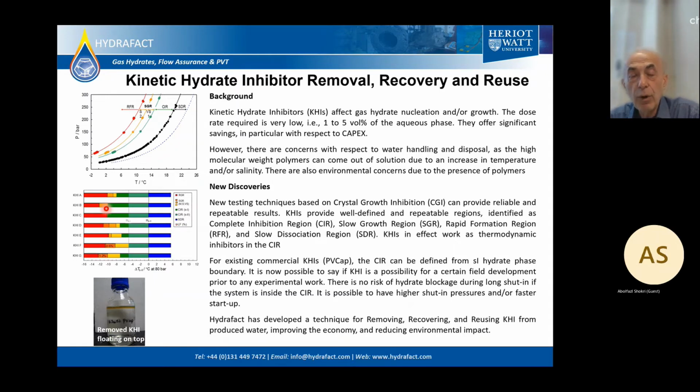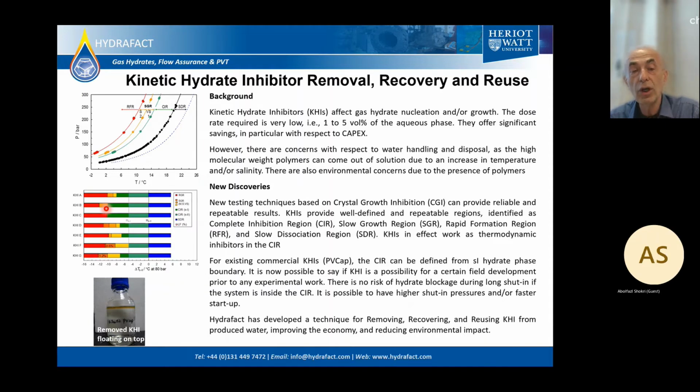MEG is very popular, but the MEG regeneration or reclamation units are very expensive. Capital cost is very expensive. And as I mentioned before, the concentration of MEG in produced water could be up to 50% and even more.